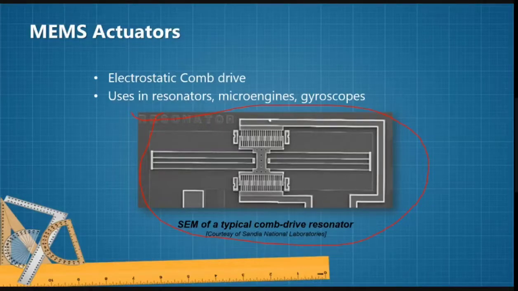So okay, we continue. The resonator in here makes oscillation, which can either be electrostatic or mechanical. As an actuator, this comb drive resonator can move another object at the rate of the comb drive oscillation.